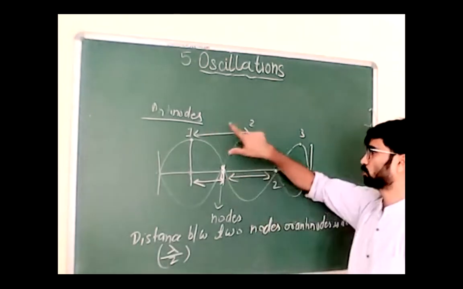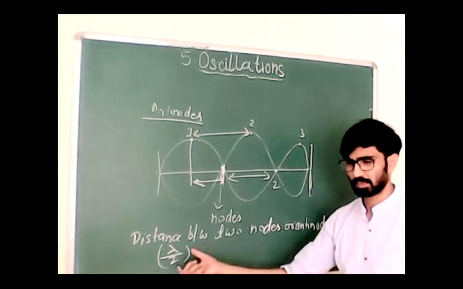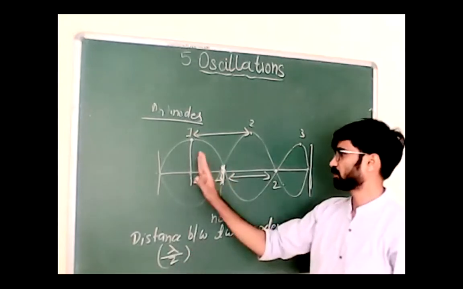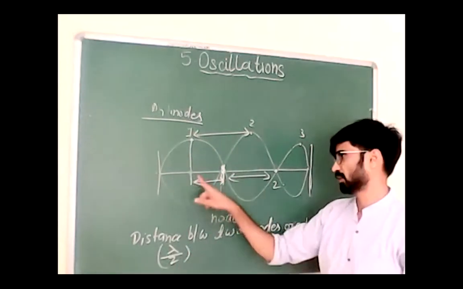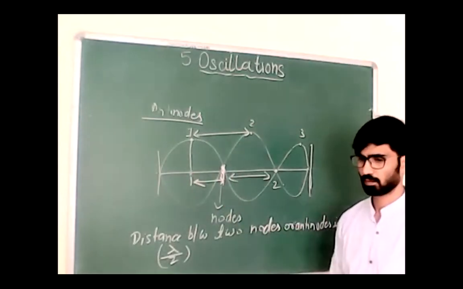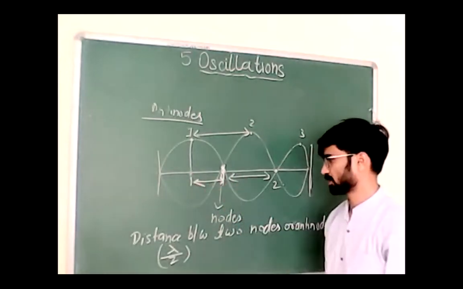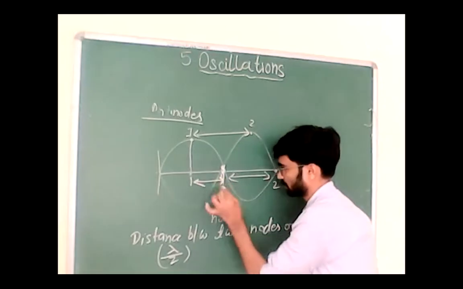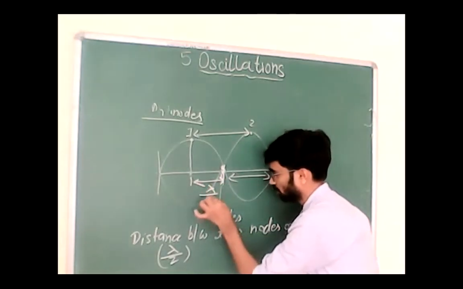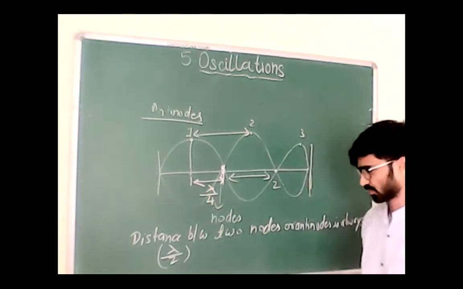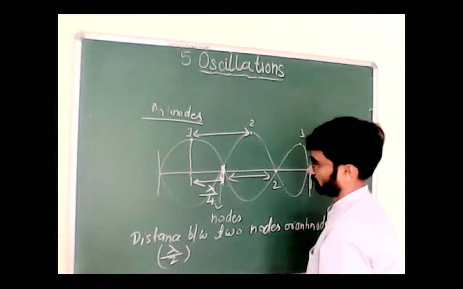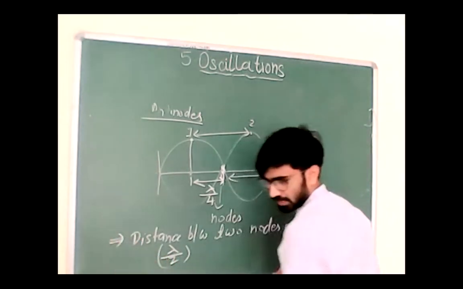Distance between two nodes कितना होता है? That is lambda by 2, and distance between one node and one antinode, always remember that this distance is always lambda by 4.